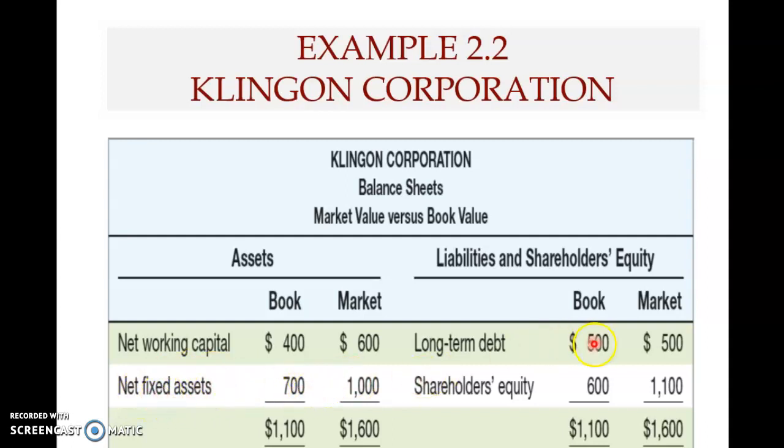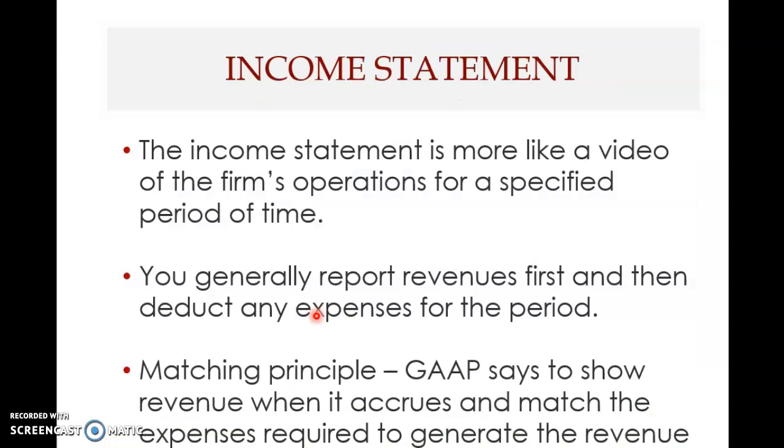This is because the book value and market value of long-term debt, or debt in general, whether it's current liabilities or long-term debt, are not likely to be very different. The market value and the book value are likely to be the same. Is that okay? Alright, so that's the difference between market value and book value. Market value can be higher or sometimes lower than the book value. Is that okay? Alright, let's move on.